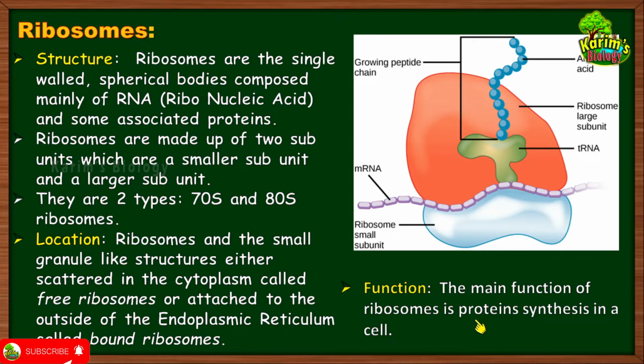And rough ER is able to do that because these ribosomes are attached to the surface of ER. In other words, for protein synthesis in the cell, ribosomes play a crucial role. Okay, that's why most often the ribosomes are referred to as protein factories of the cell. Okay, so that is the only major function of ribosomes. Right? So that's all about ribosomes.